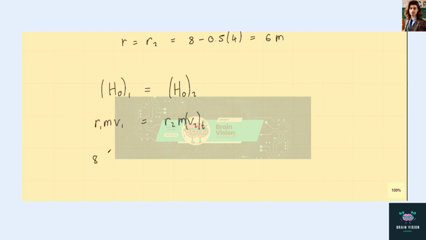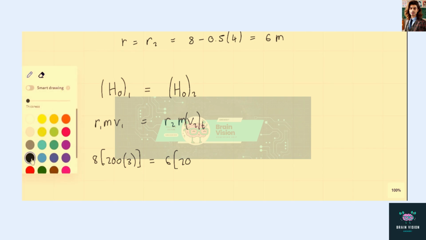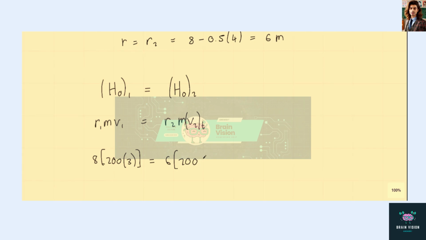So the radius, or the distance to point O, is 8 meters, and that's multiplied by a mass of 200 kilograms times V1, which is 3 meters per second tangentially. And this must equal a radius of 6 meters after a time of 4 seconds like we calculated, multiplied by the mass of 200 kgs, but we don't know the final tangential velocity v2t.